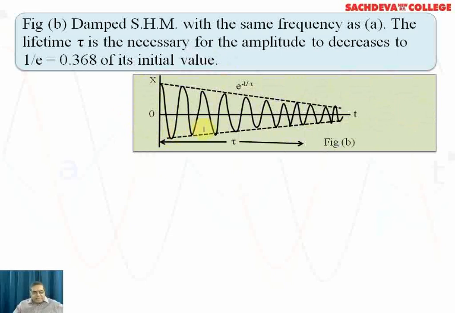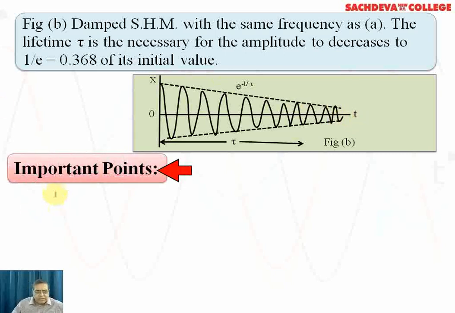Earlier, at position X and O, the amplitude is more, and gradually the amplitude decreases; at a later time t, the amplitude will be very small. So damped oscillation, or SHM, is one in which the amplitude continuously decreases and finally disappears.